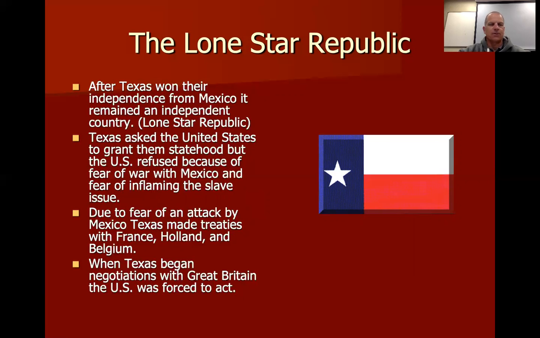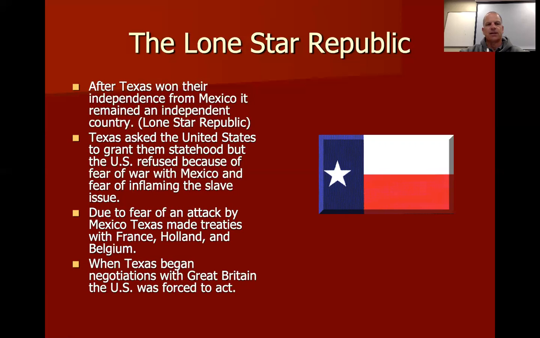Texas has always embraced that: hey, we were on our own. We were our own country for a while. Remember the whole Texas War, the one that ended with the Alamo. So Texans definitely want to be part of the United States. Texans want to be and are pleading with the United States to take them in.